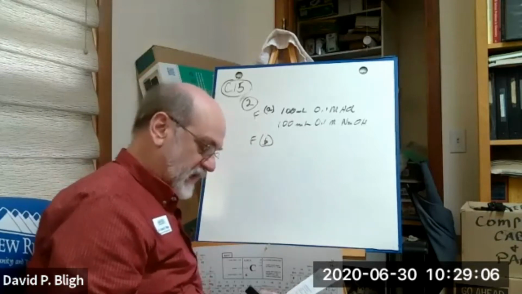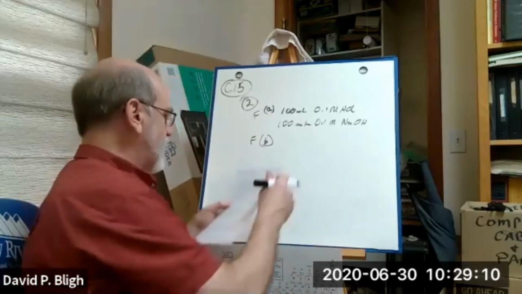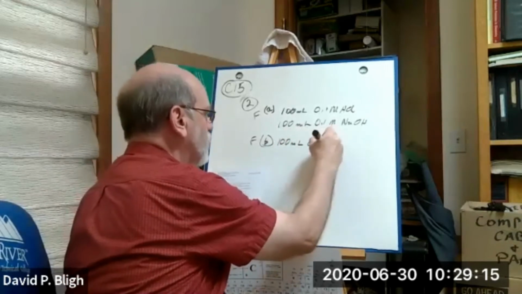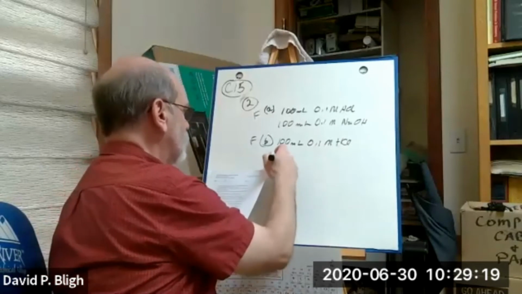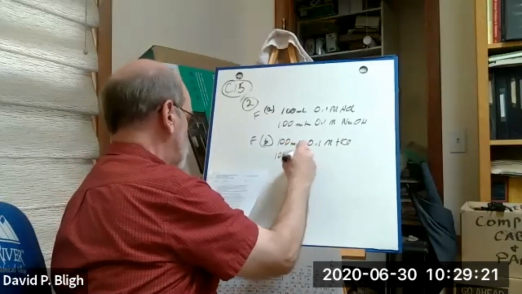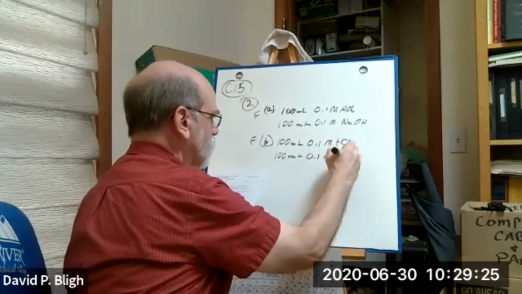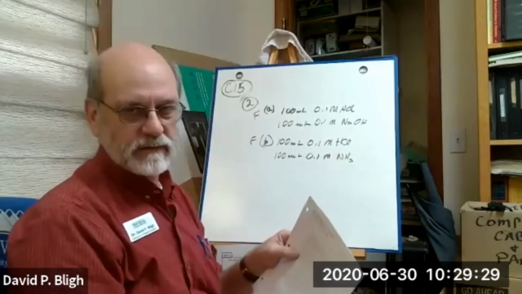Okay, that could be because you got an acid and a base. So let's see what happens. If we have 100 milliliters of 0.1 molar hydrochloric acid and 100 milliliters of 0.1 molar ammonia, what do you have there?